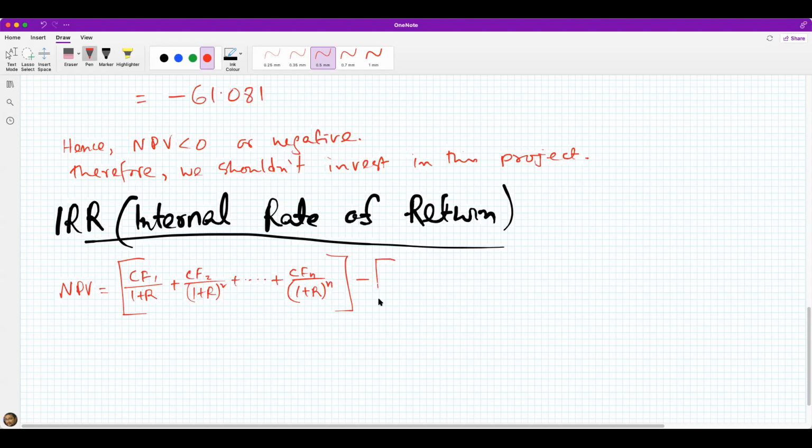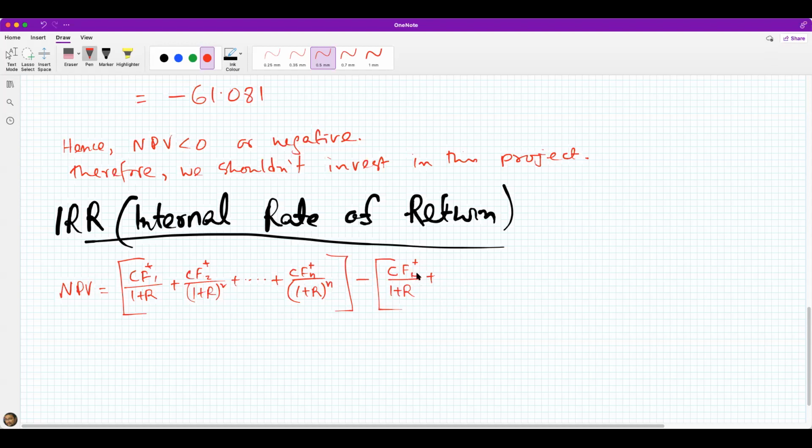Now minus the present value of all cash outflow, taking the positive cash flows and the negative cash flows separately.